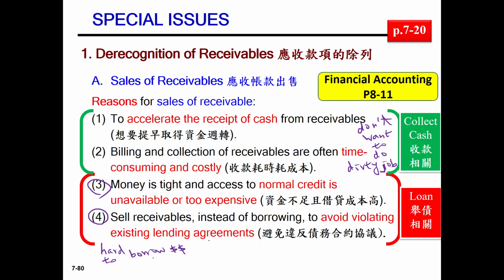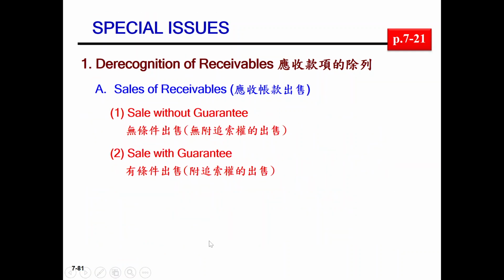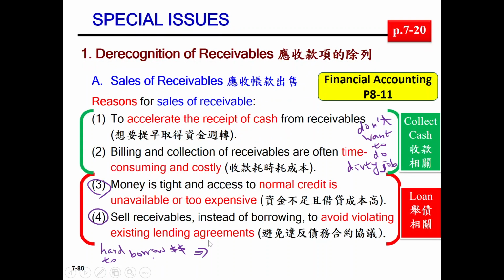Why is it quite hard for your company to borrow money? Because your liability is too high already. You have so many liabilities already. So other companies are not willing to lend you money, right? Because higher liability means what?